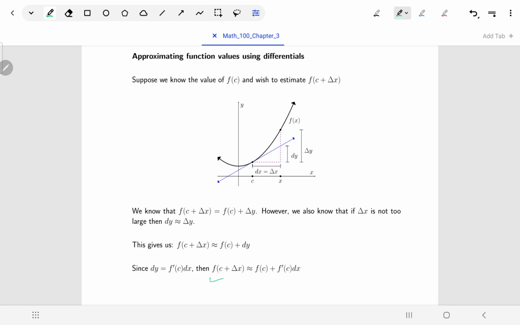So that gives us this formula: if we're looking for an approximation at c plus delta x, we take the y value where we start, plus our slope at c, times our change in x. In other words, we get our change in y on our tangent line and add that on to our original y value, and that gets us something that's close to the true y value.